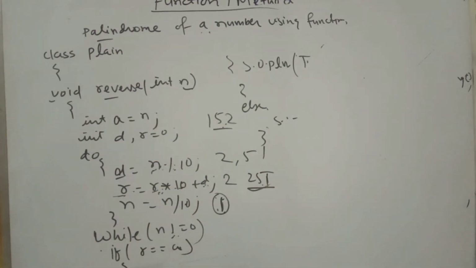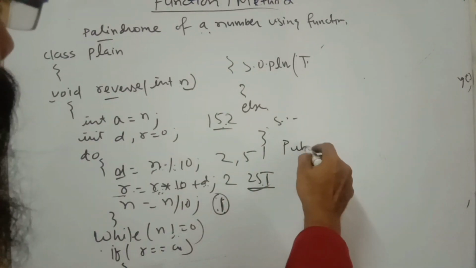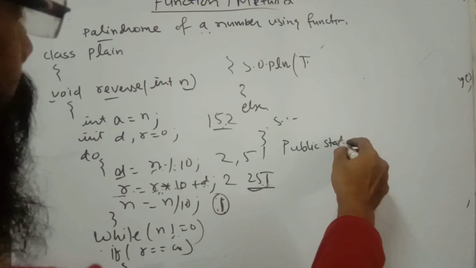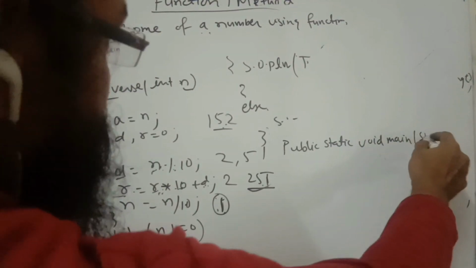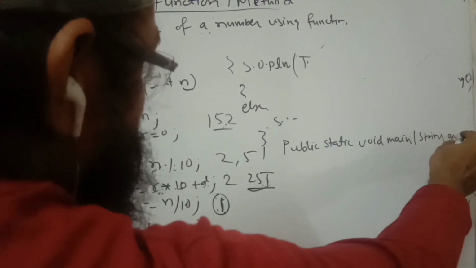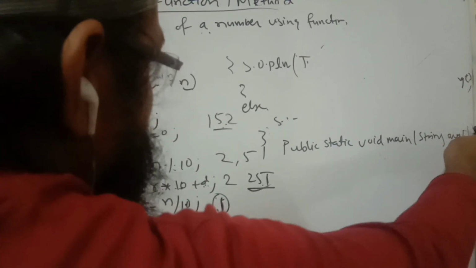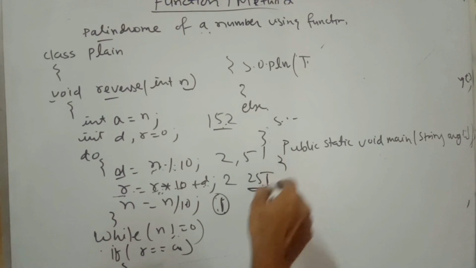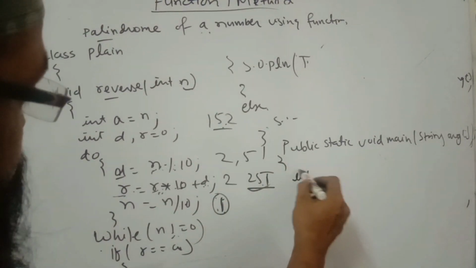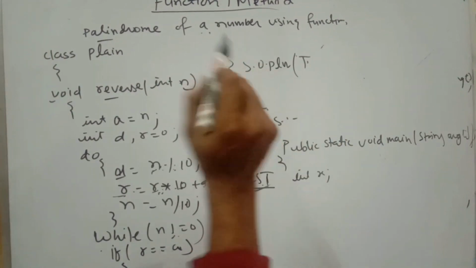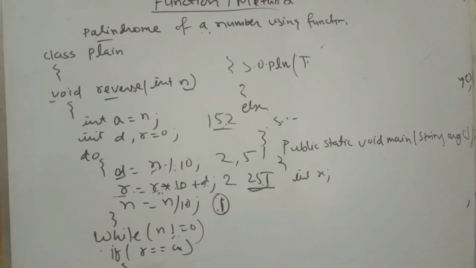After that write public static void main, String args. Inside this one, first you take any value, let int x. x is the number taken from the user.